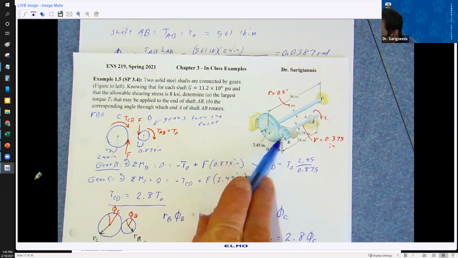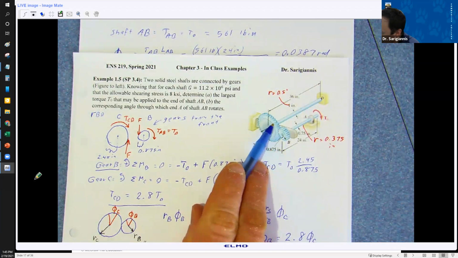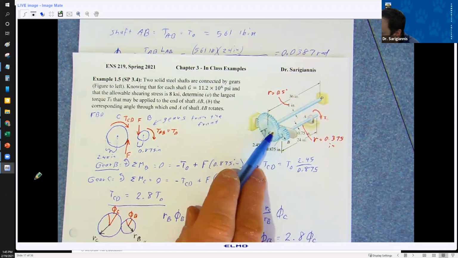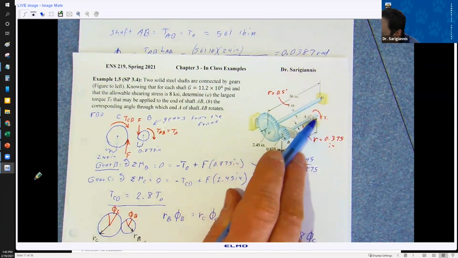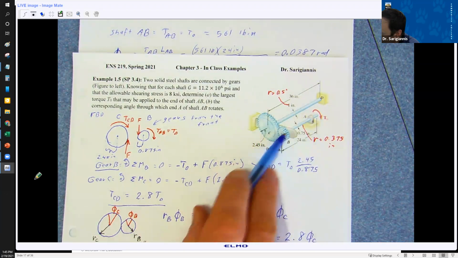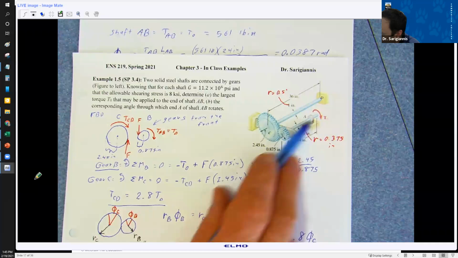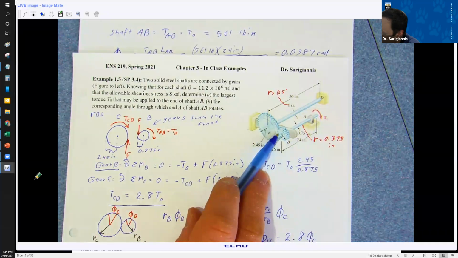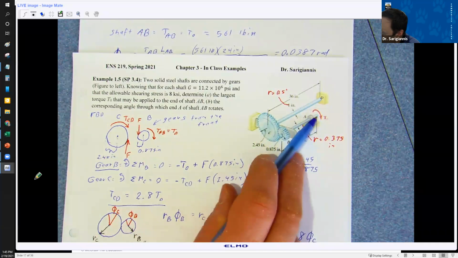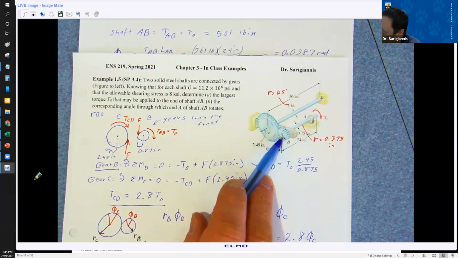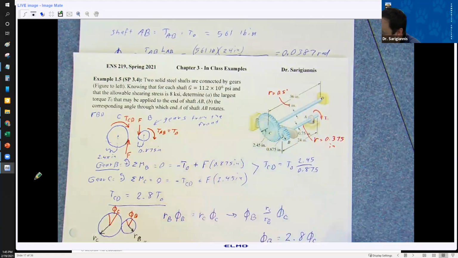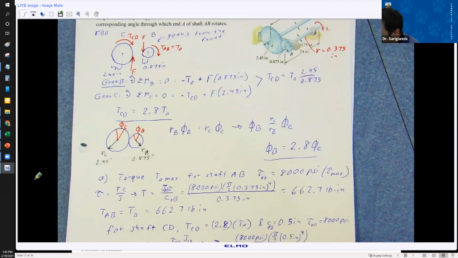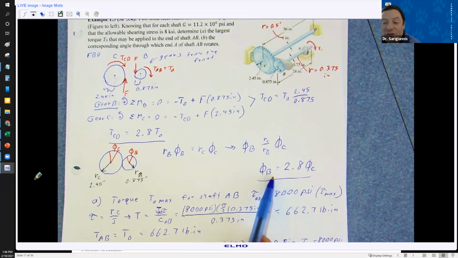This gear is coupled to this section here, so you're going to get a certain angle of twist corresponding to that, and it translates into a certain angle of twist over here. If the shaft didn't bend, you could only turn this limited amount based on this angle of twist, which gets magnified because of this relationship.